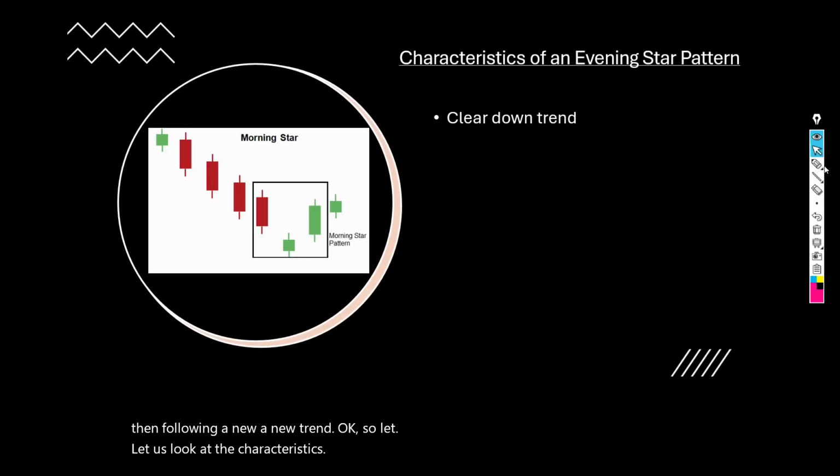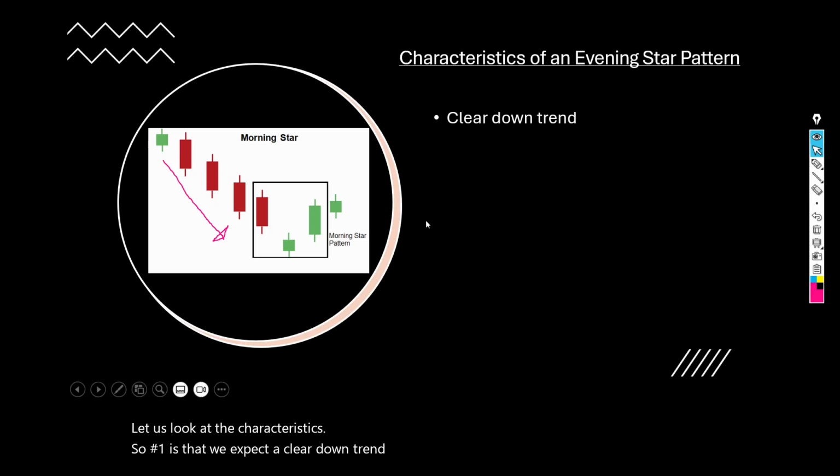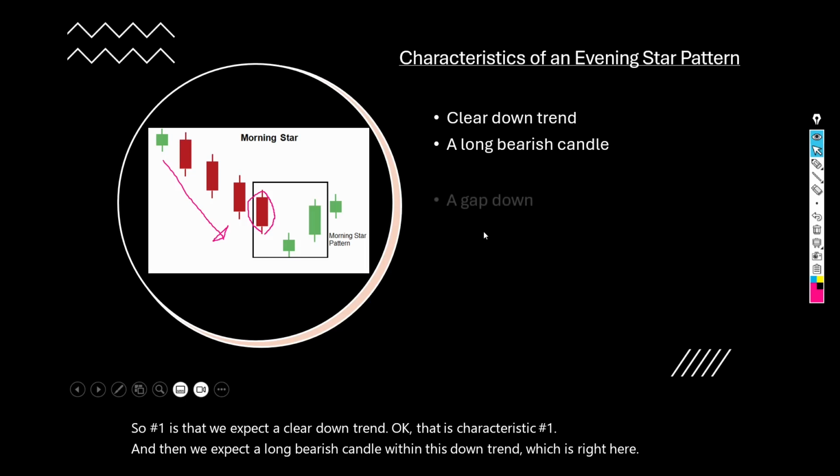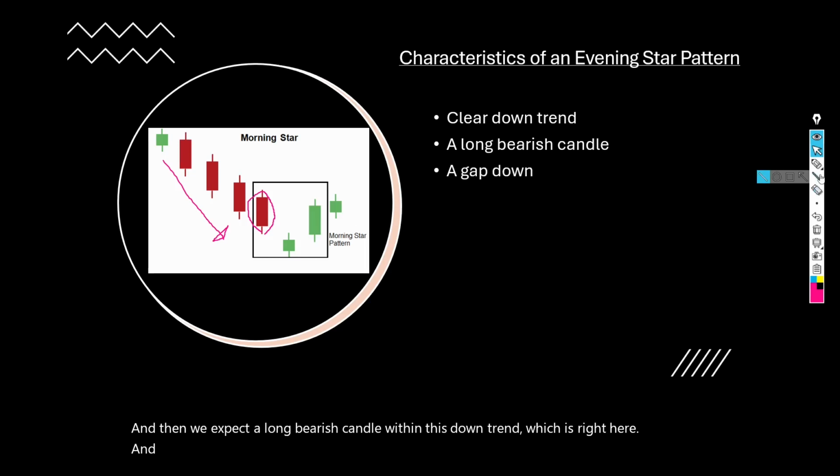So number 1 is that we expect a clear downtrend. Okay, that is characteristic number 1. And then we expect a long bearish candle within this downtrend, which is right here. And then we get a gap down, which is right here.